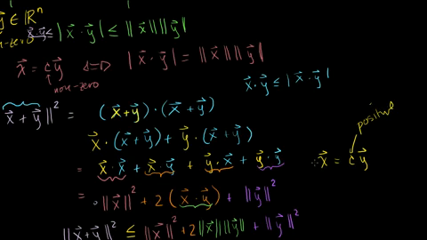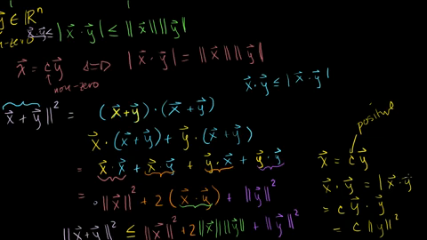Because if c is positive, then x dot y would be the same thing as c y dot y, which we know is just c times the magnitude of y squared. And the only way I can assure that this expression is equal to the absolute value of x dot y is if c is positive.